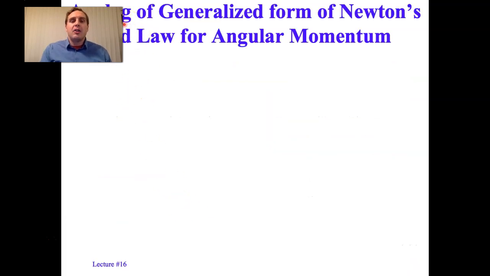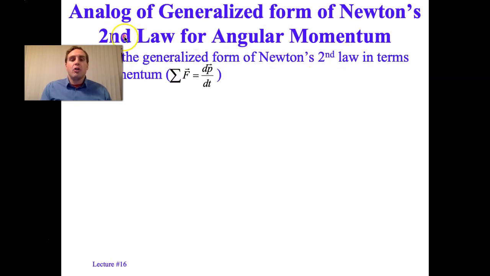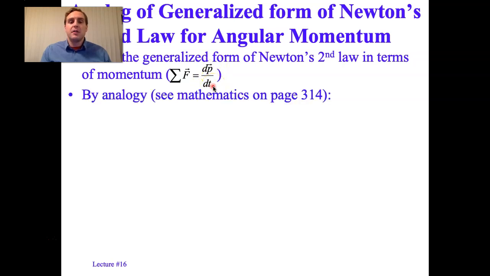Now let's look at the analog of the generalized form of Newton's second law for angular momentum. Recall that Newton's second law for linear motion was the sum of the forces is equal to dp vector dt, the change in the linear momentum vector with respect to time.